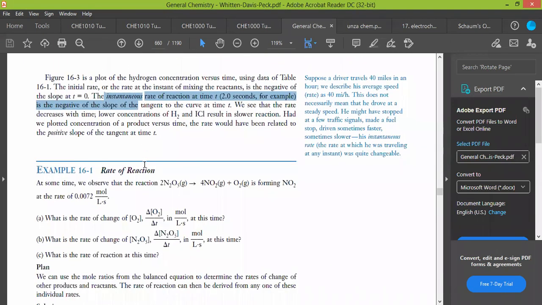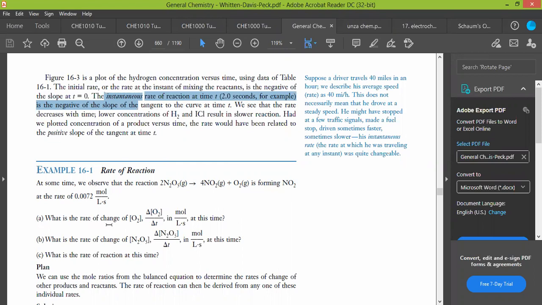So there is an example here of a question. At some time, we observe that the reaction of dinitrogen pentoxide produces nitrogen dioxide and oxygen, with nitrogen dioxide forming at a rate of this. So this is the rate at which this reaction is happening.